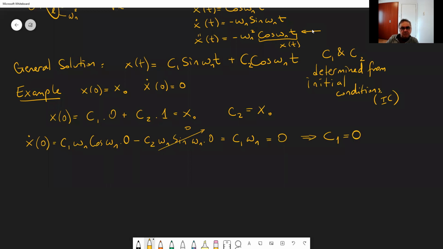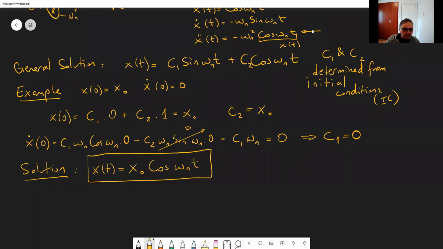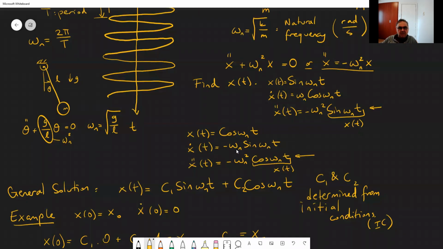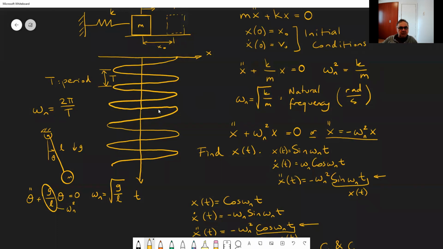So our general solution is x of t equals x0 cosine omega n t. This is the solution for this case. You see, this is exactly the solution I have drawn here. It starts from x0 and oscillates like this, as you see.